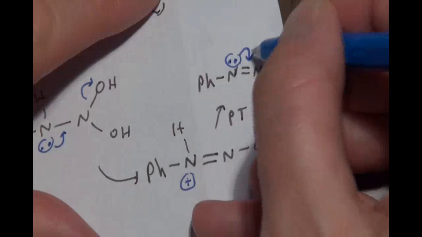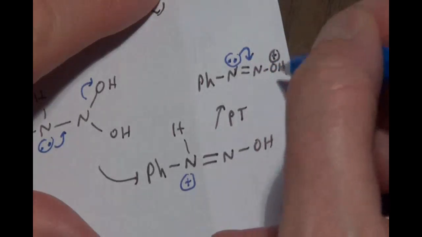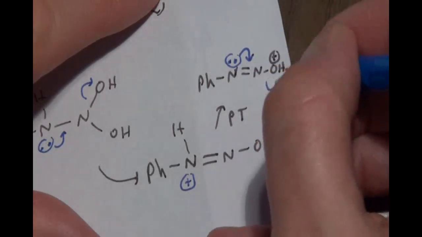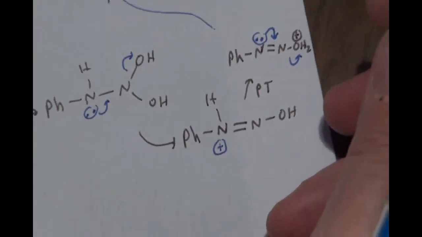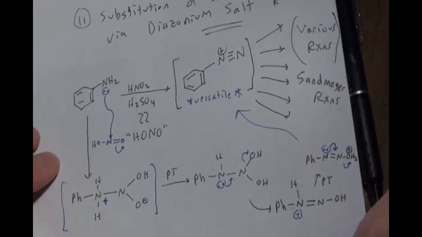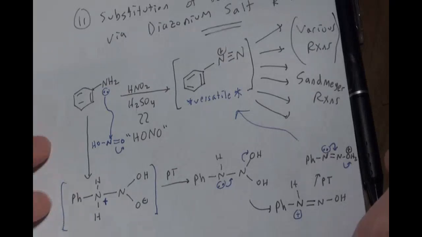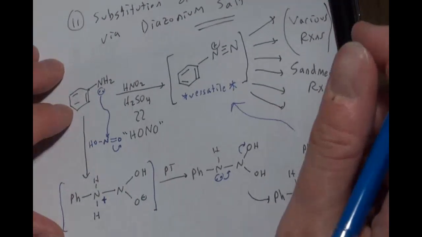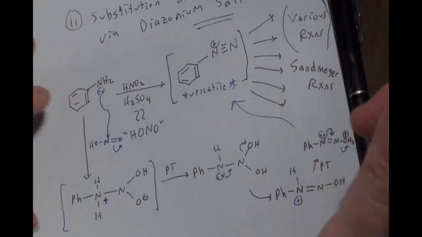The left nitrogen forms a triple bond, kicks off the water, and you're done. And that gives us the diazonium. So the mechanism is pretty straightforward based on what you know, how you make a diazonium salt.